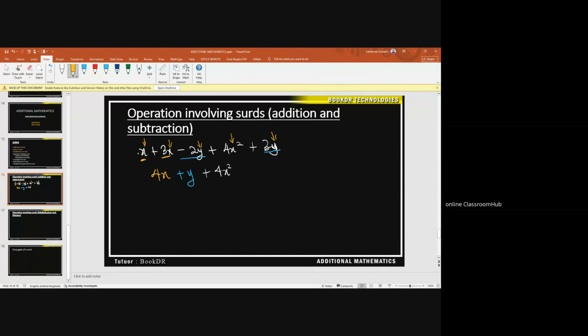So in the first one in yellow, we got a 4x by adding the coefficient of x, which is 1, to the coefficient of this 3x, which is 3, to get 4. And we just wrote 4x. Similarly, the negative 2 here was just added to the 3, and then we got 1, and then we attach the y to it. So this is 1y. But you know, in algebra, we don't write the 1.